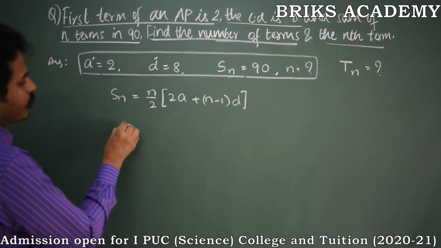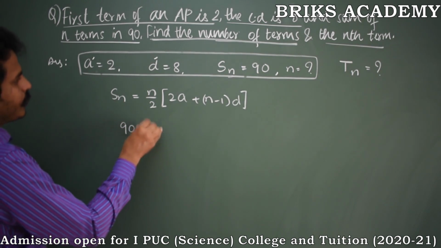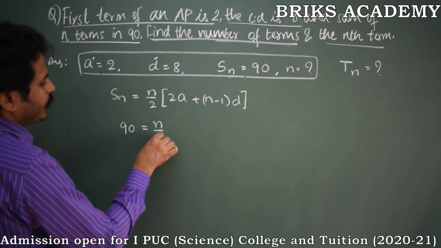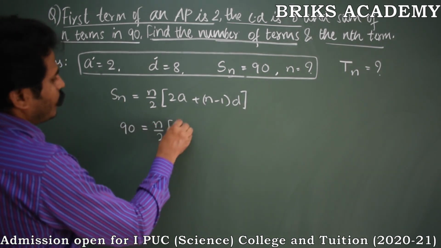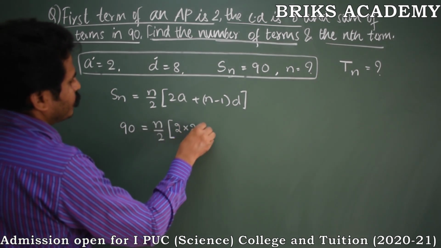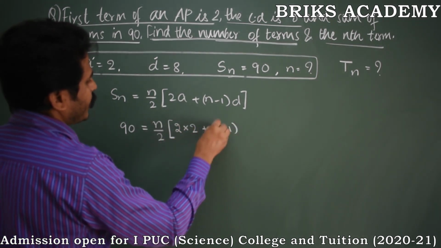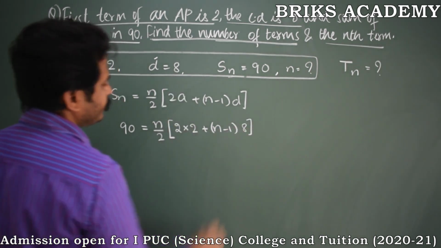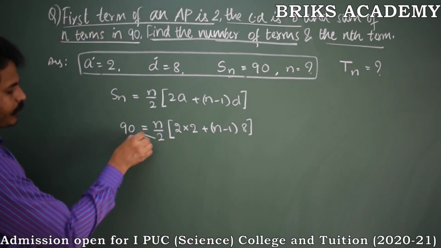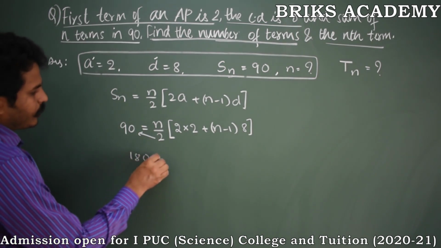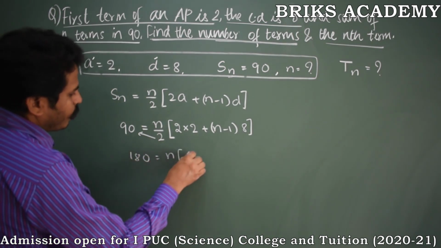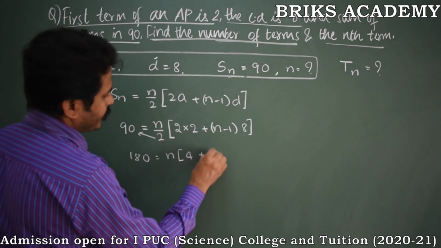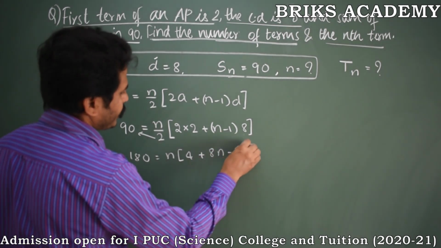Sn is 90, equal to n by 2 into 2 into a, which is 2, plus n minus 1 into d, d is 8. If I cross multiply, it becomes 180 equal to n into 4 plus 8n minus 8.